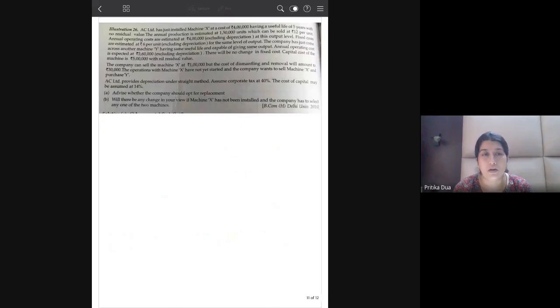Okay, now there's a question on your screens, class. This is how you get the question generally in the paper. A statement form question, which is asking you to give the final verdict on replacement of one machine by the other.